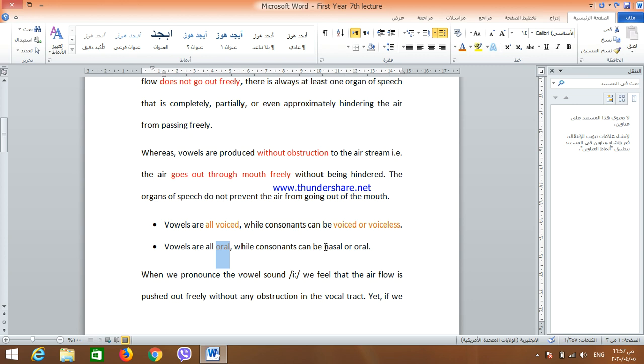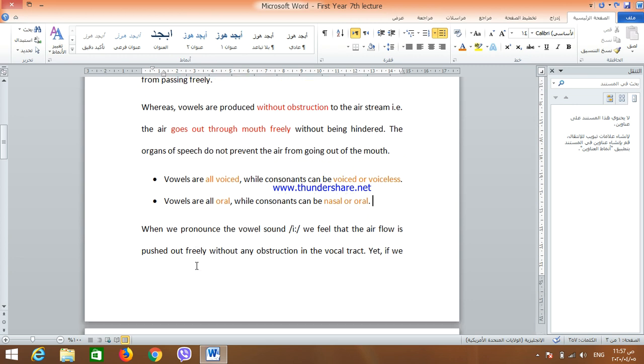While in consonants, some of them are nasals and some others are orals, which means in some consonants the air is pushed out through the mouth, which is an oral sound, but some others are nasals, just like the sounds m, n, and ng. On the other hand, all vowels are oral. E, a, u, o, oral.